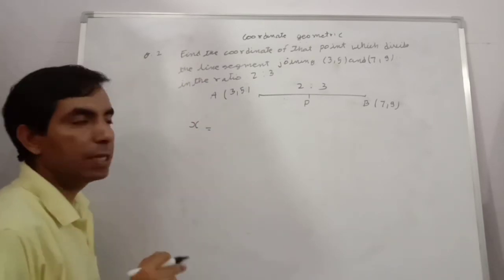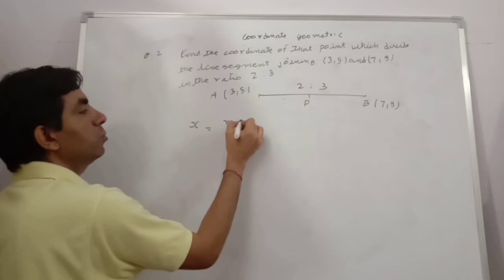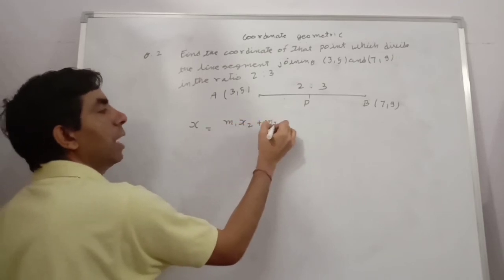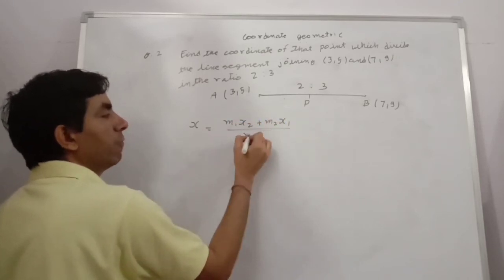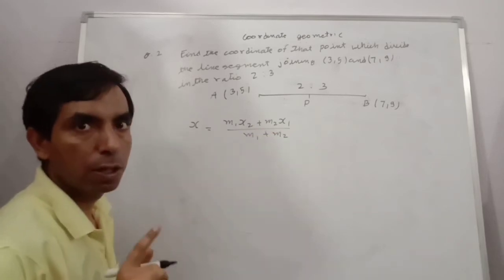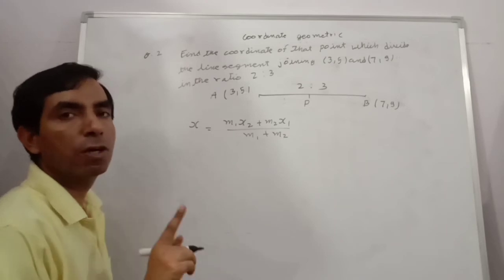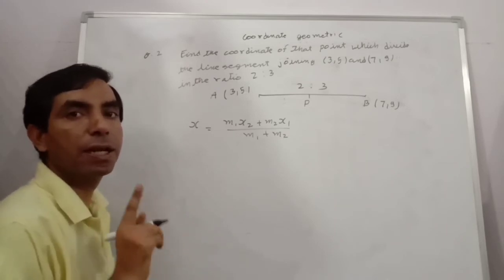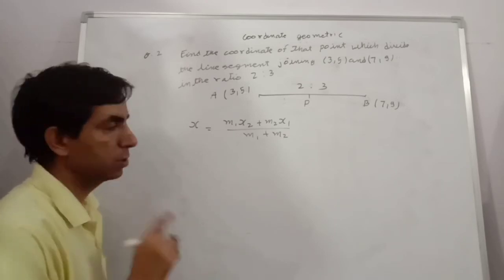We remember that x is equal to (m1 x2 plus m2 x1) upon (m1 plus m2). It is the section formula. Always use it if you want to divide any line segment in a ratio.